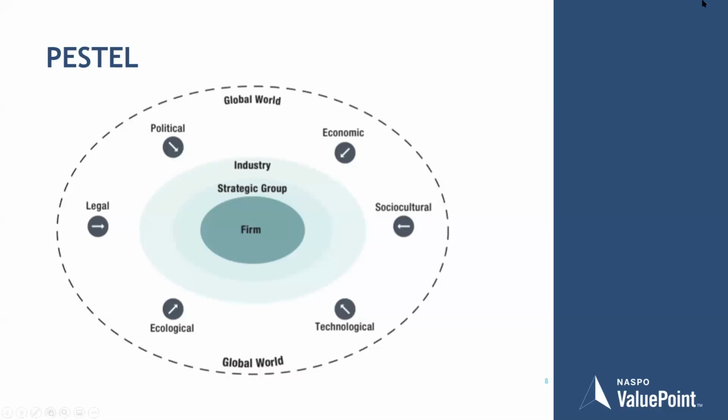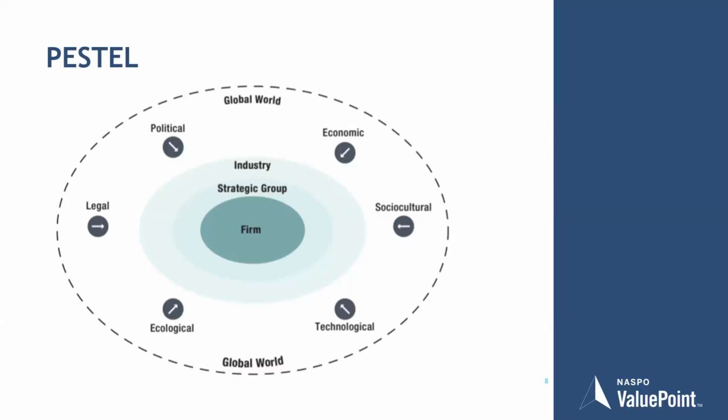So in the PESTEL framework, there's legal and political ramifications, and those are going to be like regulations. You guys are probably going to have a much better idea of those than the general business person, so you have a big advantage there. And then economic forces. And when we talk about economic forces, we think about discretionary spending, those kinds of things.